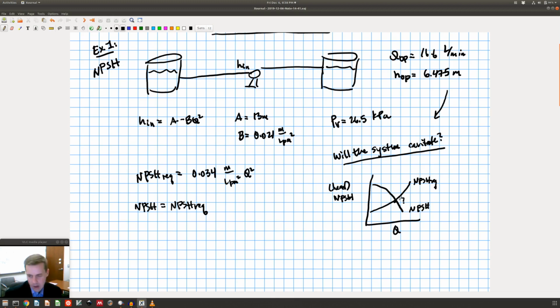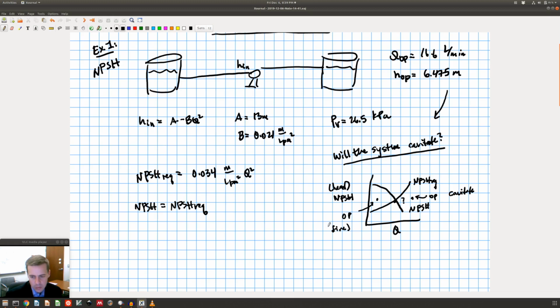If the operating point is out here, if this is the operating point right there, then NPSH required is bigger than NPSH, and I'm going to cavitate. But if the operating point is over here, then my NPSH is greater than my NPSH required, and this is fine.